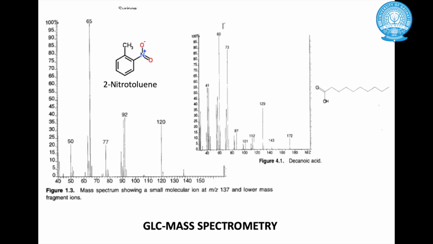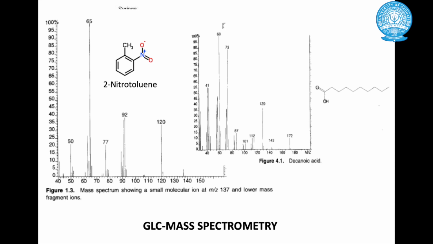So if one compound enters from the column into the mass spectrometer and it is ionized, then based on its mass, the ion will be separated from the other ions. Each ion will give out a signal which can be amplified with the help of this electron multiplier, and then it can be visualized on a computer.